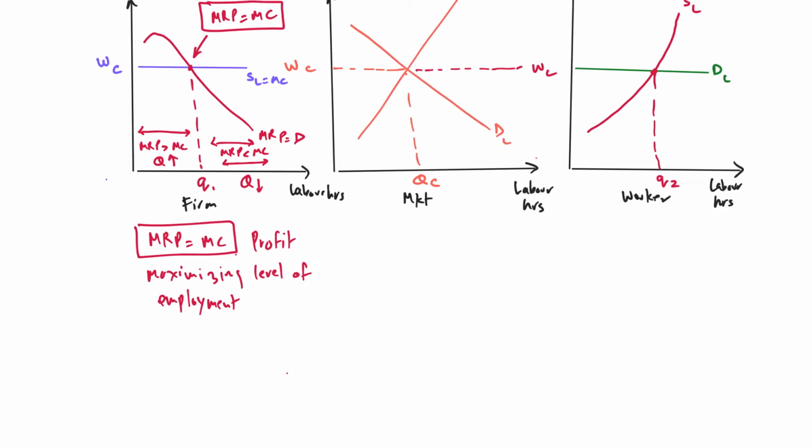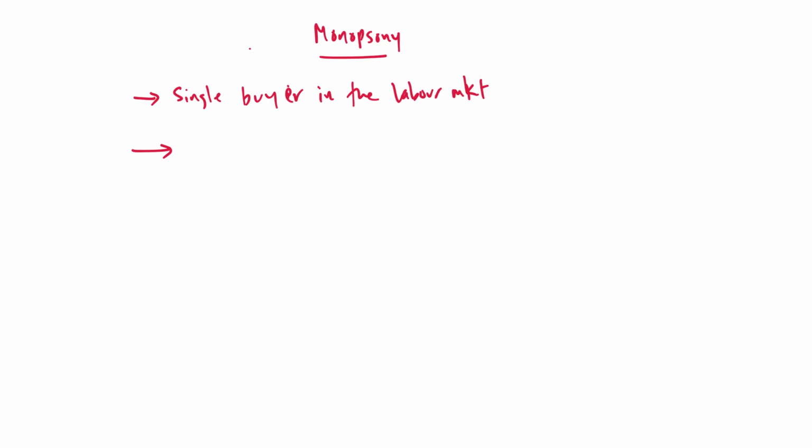In the second case, we are looking at what we call monopsony. Monopsony basically means you are the single buyer in the labor market. You're the only firm in the market. Everyone works for you. Let's say in a town there is one school, and it's the only school in the whole market.